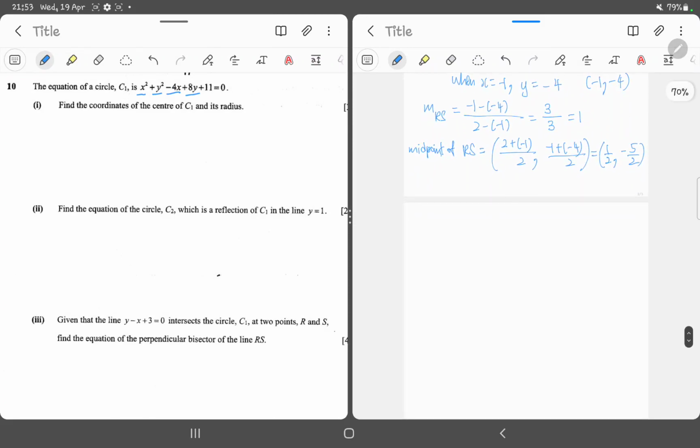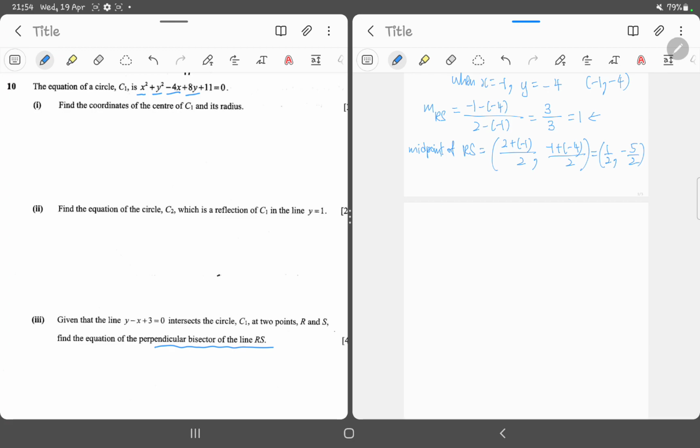So based on this information over here, we know that the perpendicular bisector of the line RS, the gradient will be equals to minus 1. Okay? So we simply take 1, we flip it, and then we put a negative to it.